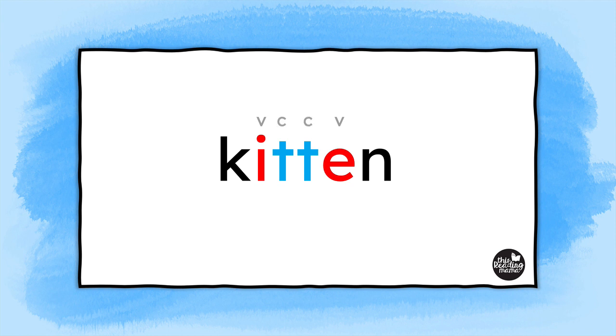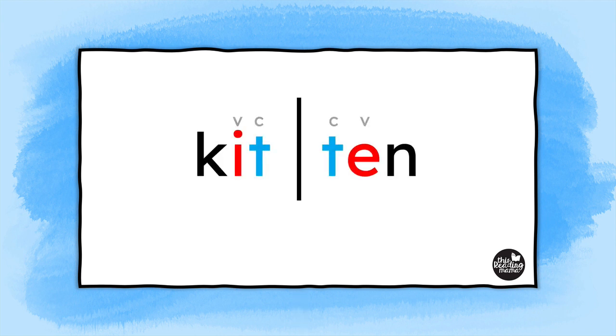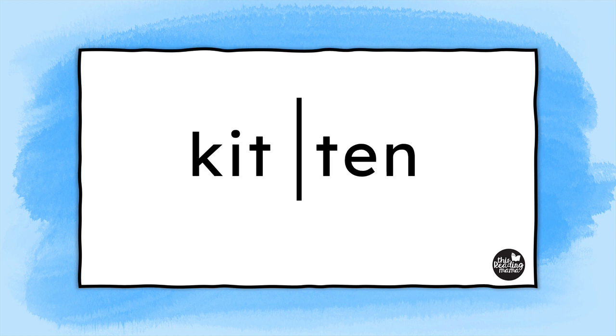Now they can label them C for consonant, or they can even underline them. Closed syllable words are often called VC-CV for the vowel consonant consonant vowel pattern that you find in the middle of them. When you see that pattern, the word should be divided right between the 2 consonants. Once the longer word has been divided, you want to encourage your readers to look at each syllable.